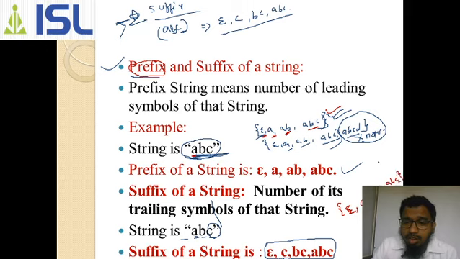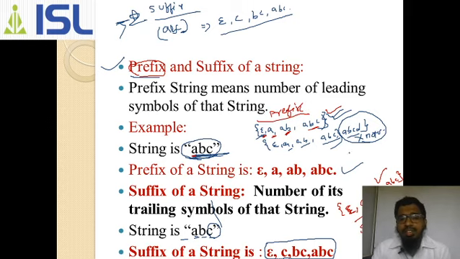So this is the suffix, and the earlier one is the prefix. Okay, fine. So this is the idea of prefix and suffix.